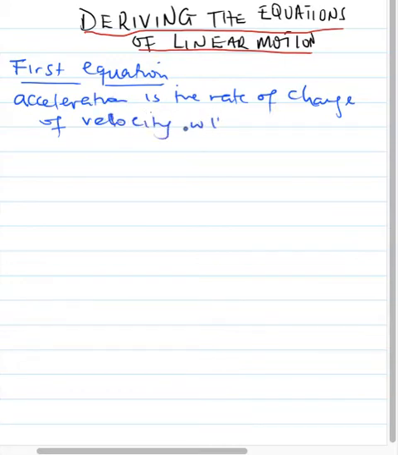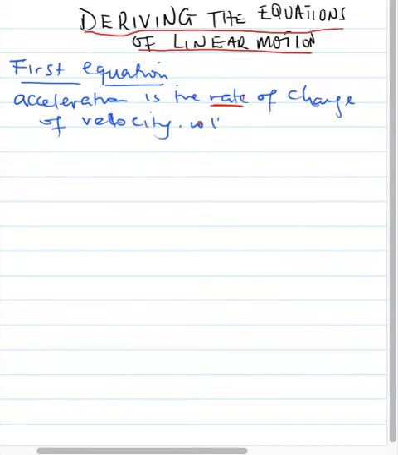Some say with time, or they can just say velocity, because the fact that you mention rate already has something to do with time. If you say rate of change of velocity with time, it sounds like a repetition, but it's not penalized. You can still get the points.